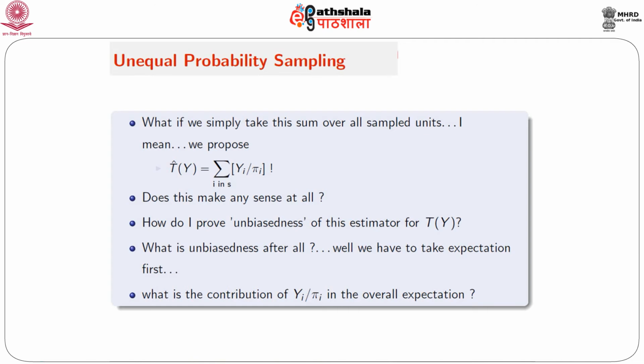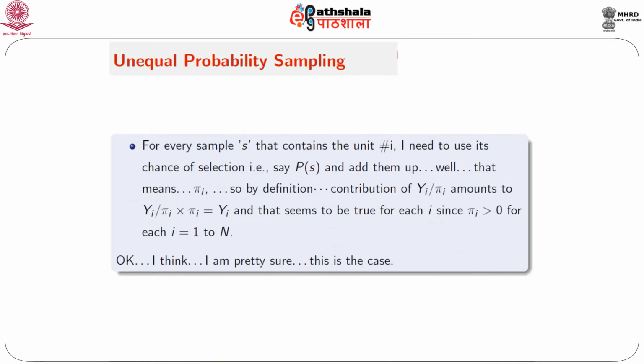How do I prove unbiasedness for this estimator of Ty? What is unbiasedness after all? Well, we have to take the expectation first. What is the contribution of yi over pi i in the overall expectation? For every sample s that contains unit i, I need to use its chance of selection, say p of s, and add them up.